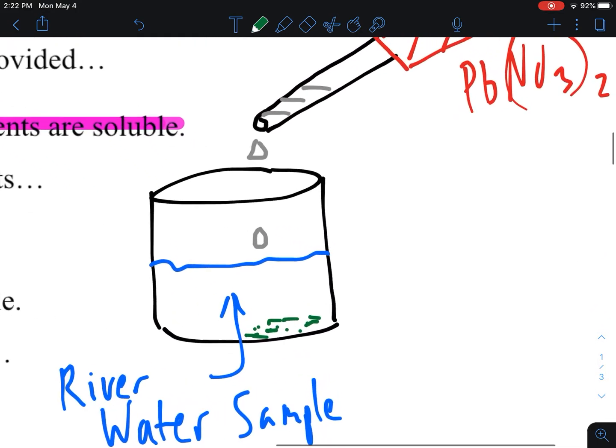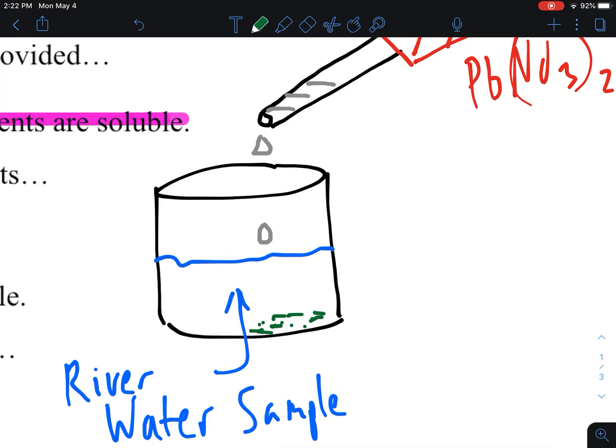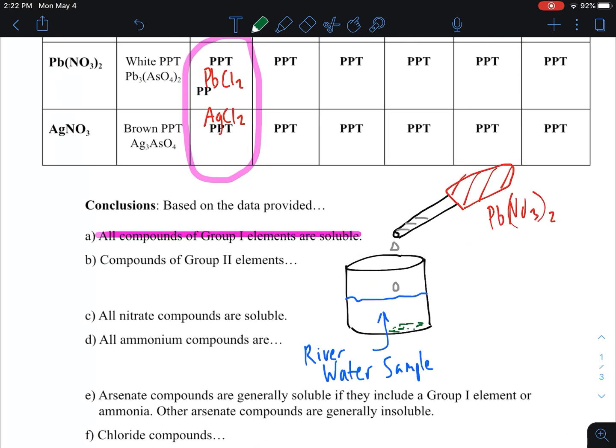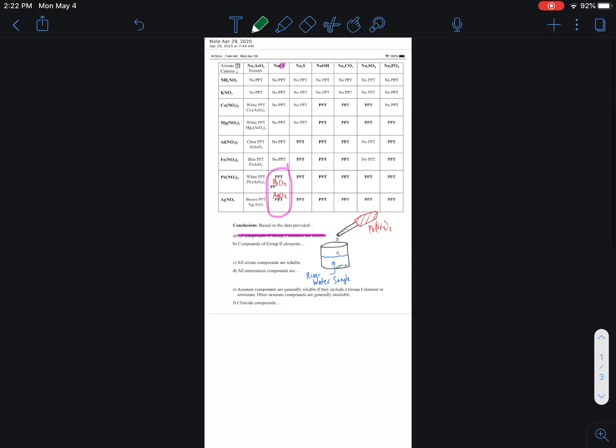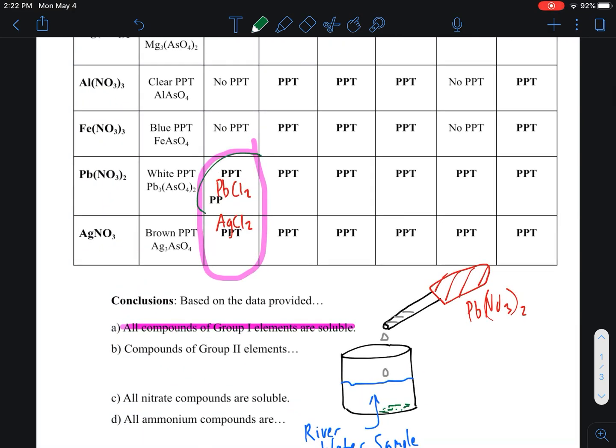Maybe green wasn't a good choice. Let's just use some color other than clear. Does that mean that it's definitely chloride? Well, no, because look, lead forms solids with all of these. So that just tells us that whatever is in the river water forms a solid with lead.